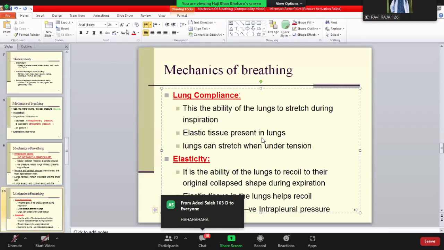That is called lung compliance. And elasticity is the lungs' ability to recoil to the original collapsed shape during expiration.